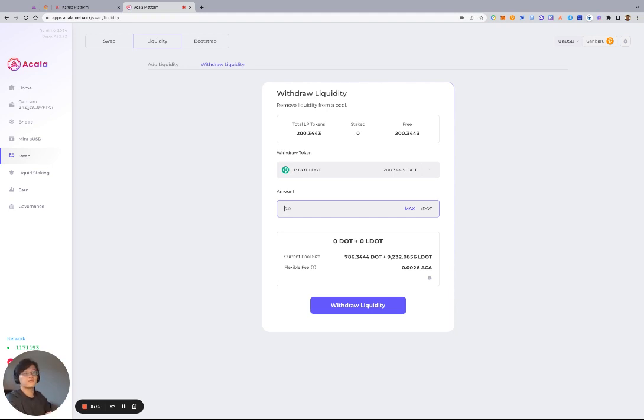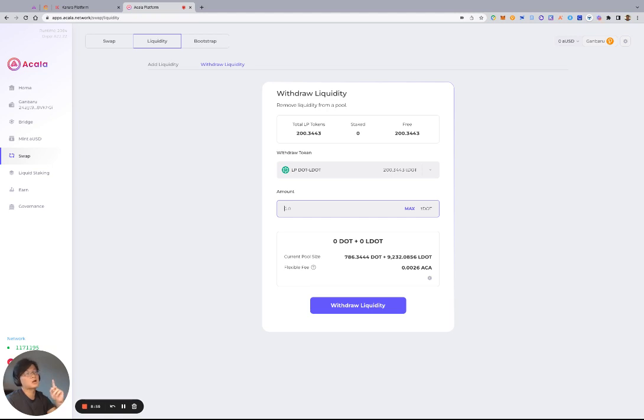So in terms of the benefits, I talked about, from a liquidity provider standpoint, you can provide liquidity to earn swap fees. But what else can you do with tDOT? At the current stage, the other benefit of holding onto tDOT is yield. How the yield is rolled up for tDOT is through two parts.